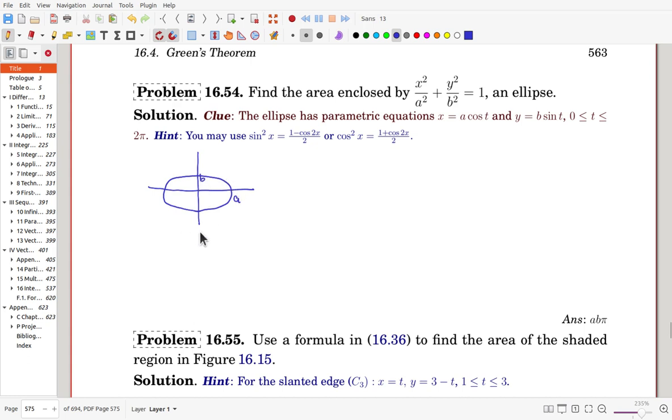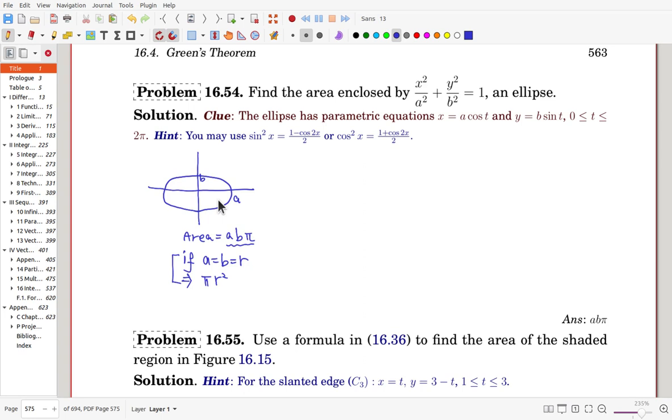Then from high school, you learned that the area is a b pi. When a equals b equals r, then this makes a circle, and the area of the circle is pi r squared. So we know already the answer for this region.